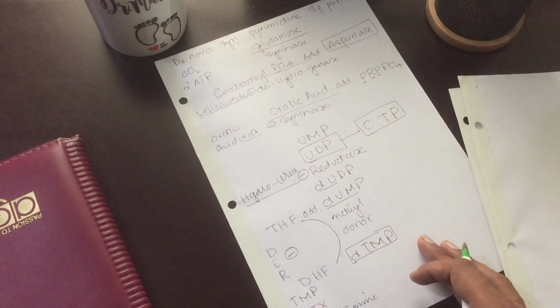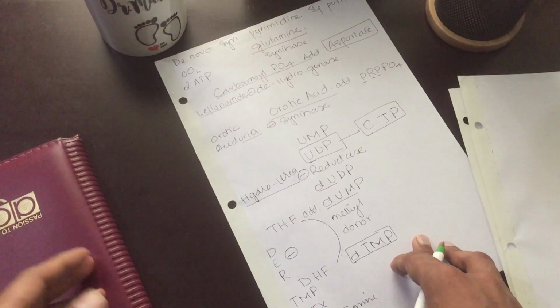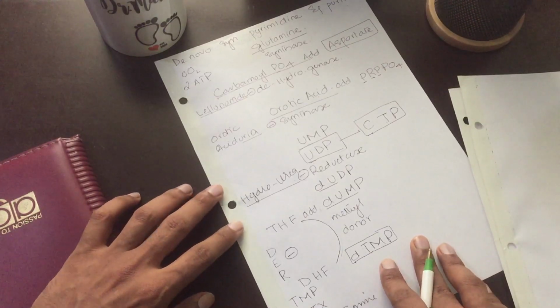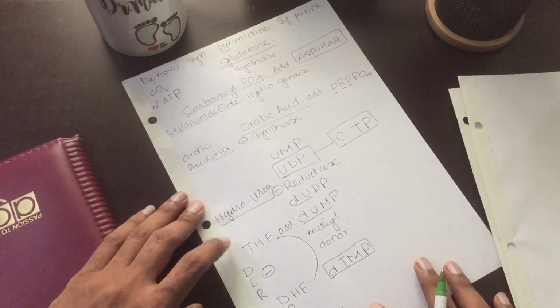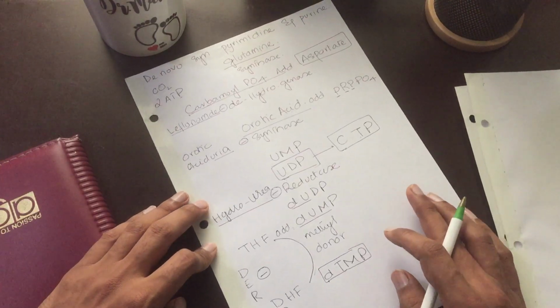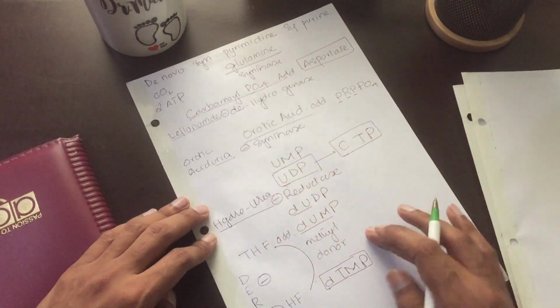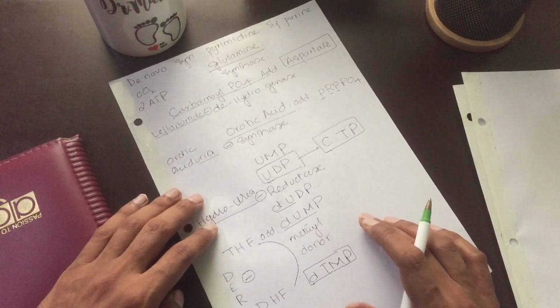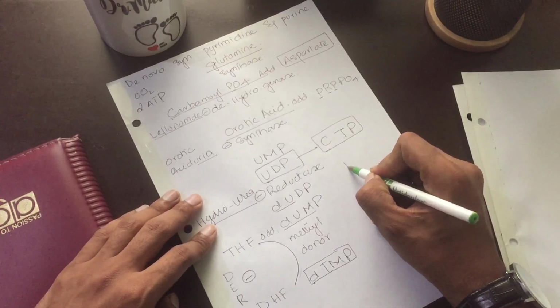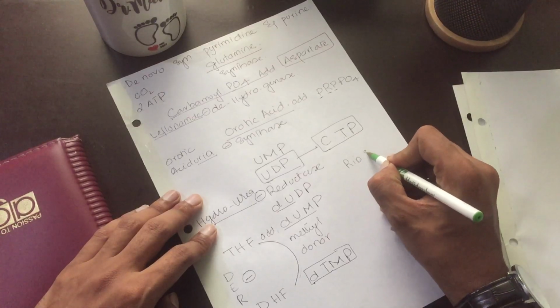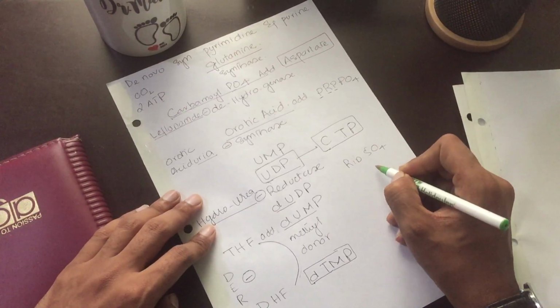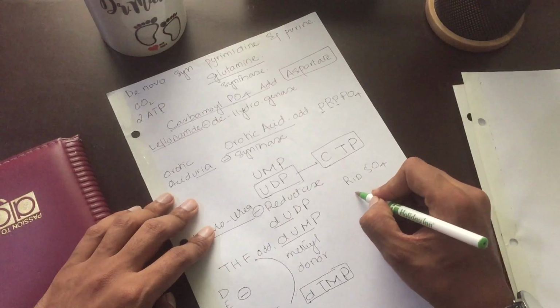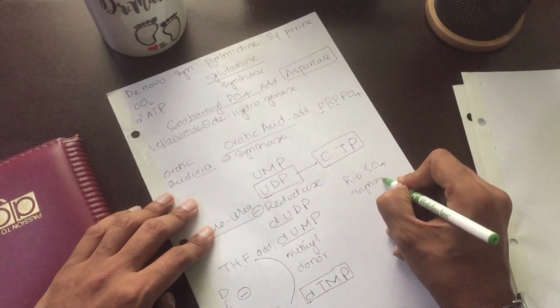So no nucleotide, no DNA precursor, so there is inhibition of DNA synthesis by these anti-metabolite drugs. So this is all the pyrimidine formation. In purine it is pretty much simple. We use ribose 5-phosphate and add a synthase.